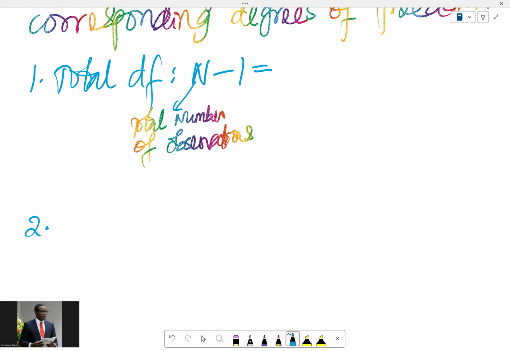Okay, so degrees of freedom for total. Well, I think that should be 20.